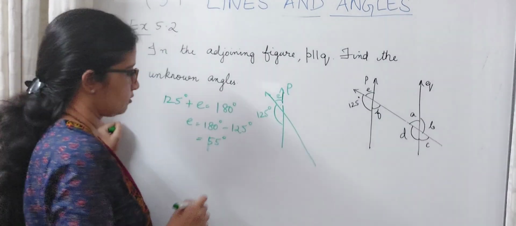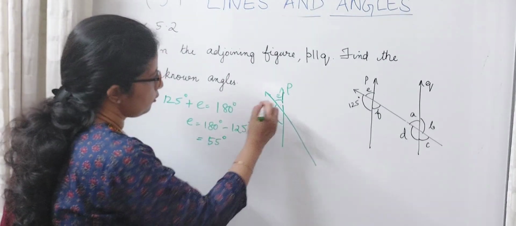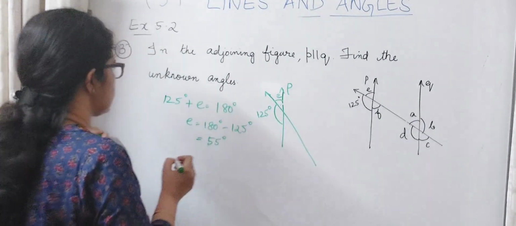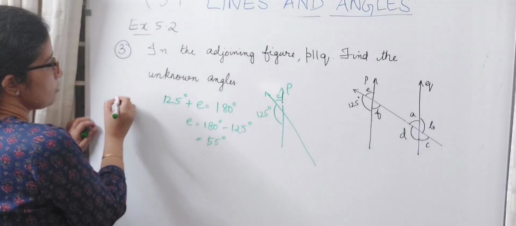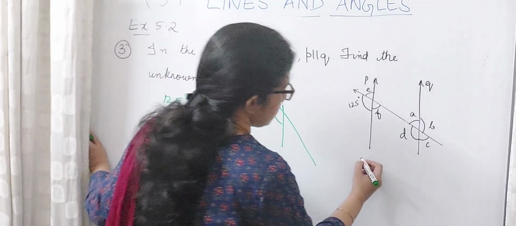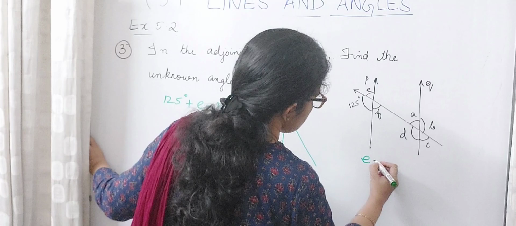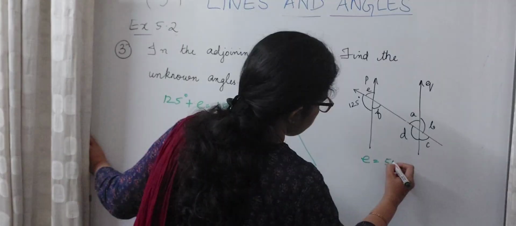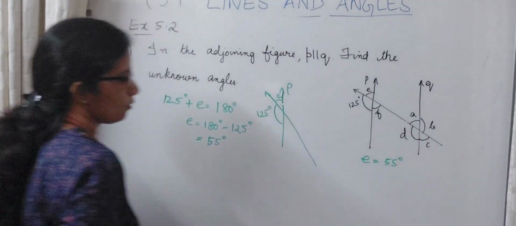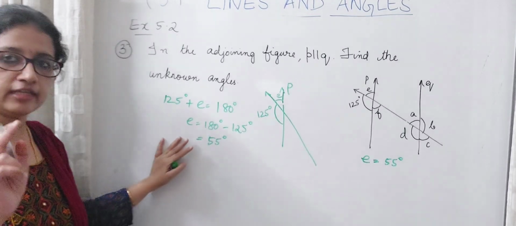So 55 degrees is the answer for E. Let's write it here. E is equal to 55 degrees. Now we have got E.